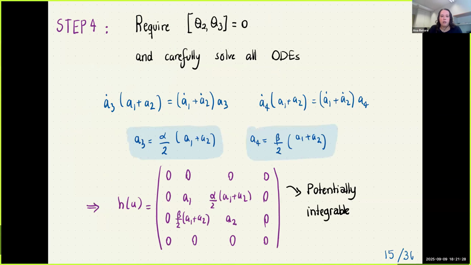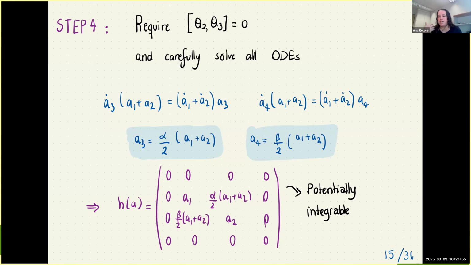Now we ask that Q2 and Q3 commute among themselves, and we solve the ODEs carefully. In this case, you don't need to be very careful because it's very simple, and you basically get A3 and A4 in terms of A1 and A2. So we have here a density Hamiltonian that commutes with Q3. We check that the first two charges commute.